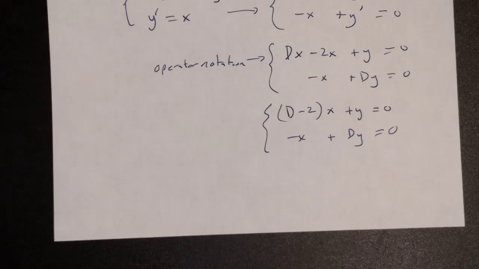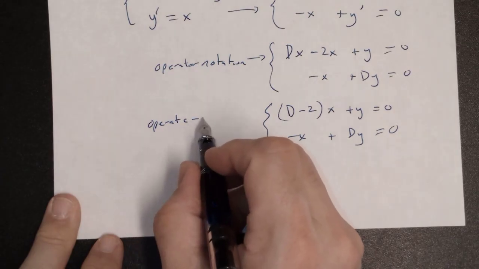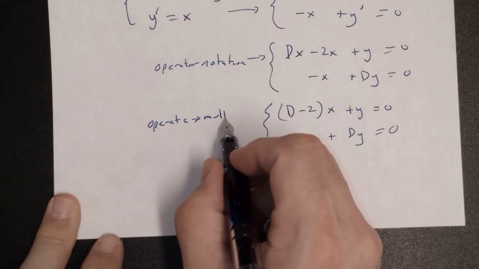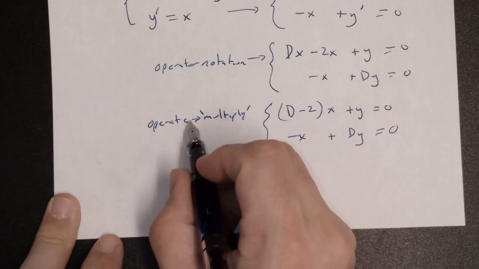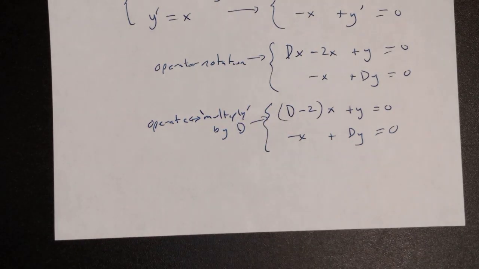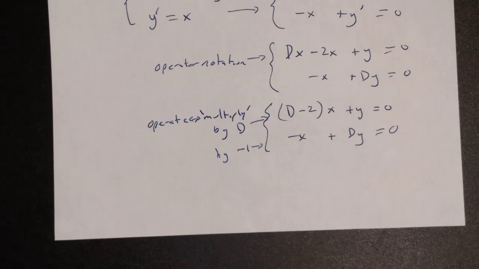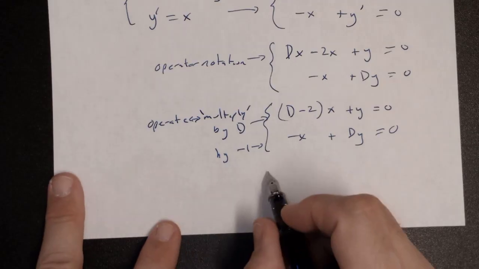Or even a plus d, right? I could do it either way. I'm going to multiply by d on the top row. I'm going to multiply by minus 1 on the bottom row. What are your two new equations?